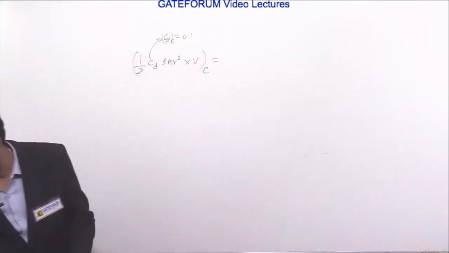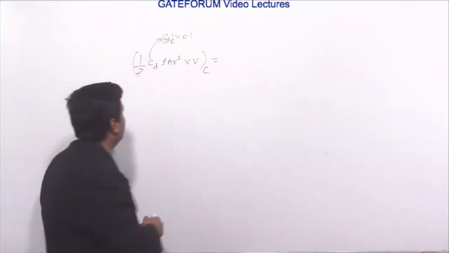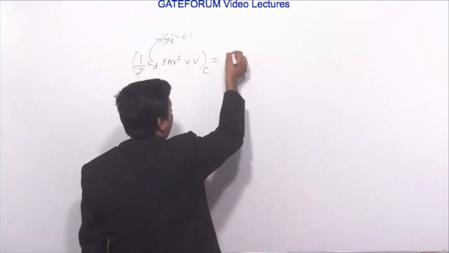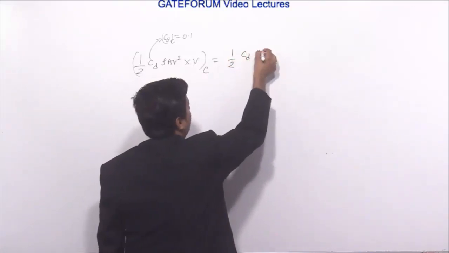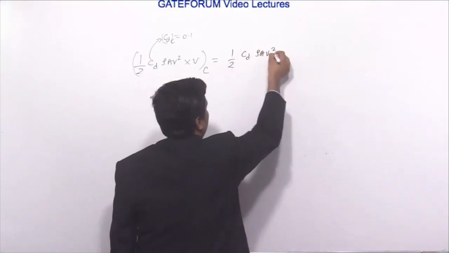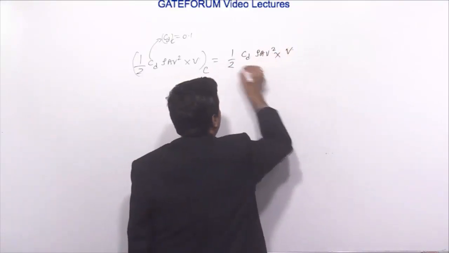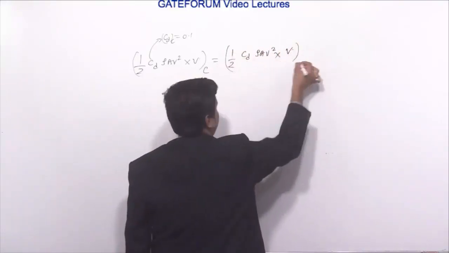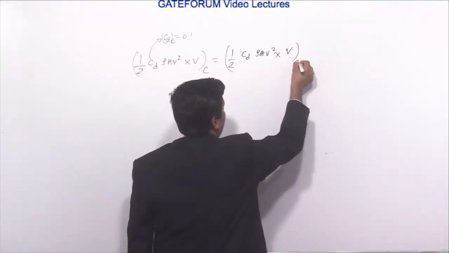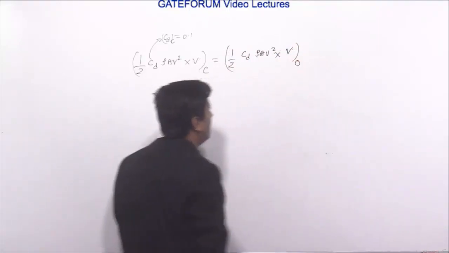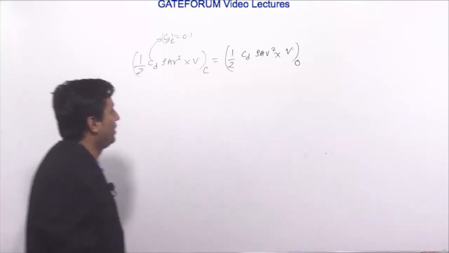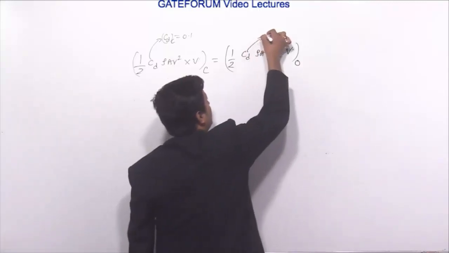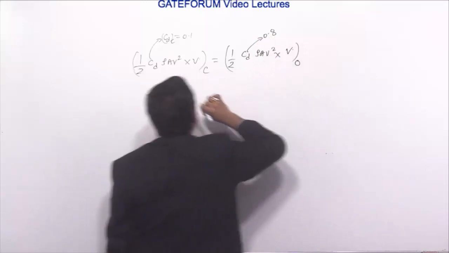And for the roof and windows open, half CD rho A V square multiplied by V, where CD is given to you as 0.8.